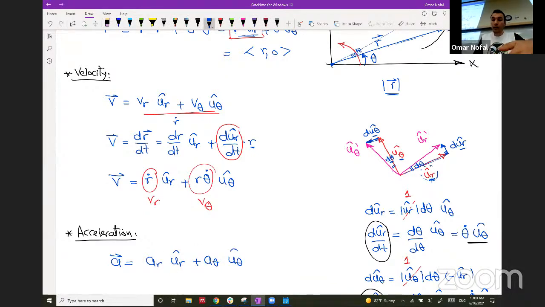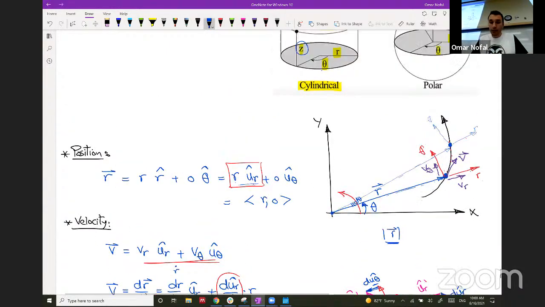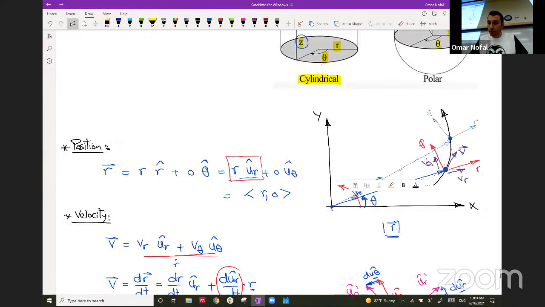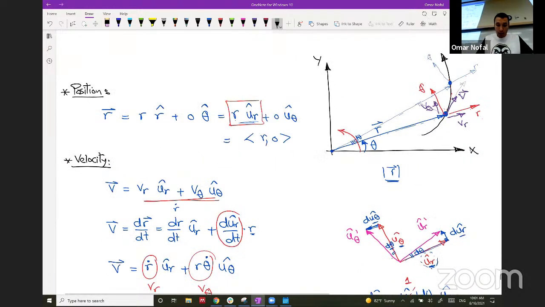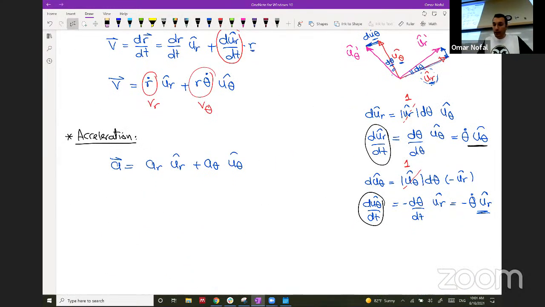So based on the tangent normal coordinate system from before, you know that you will have a tangent acceleration in this direction, and you will have a normal acceleration in this direction. But right now we need their projection in the direction of r and the direction of theta. So right now we will have them in terms of r and theta form.